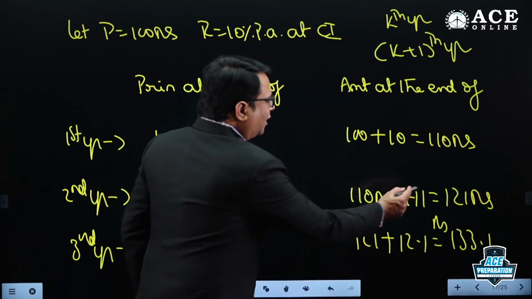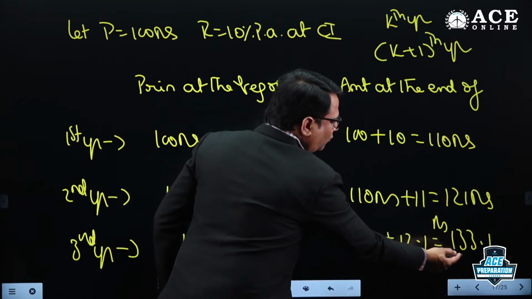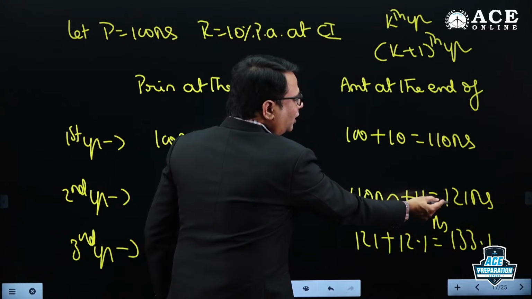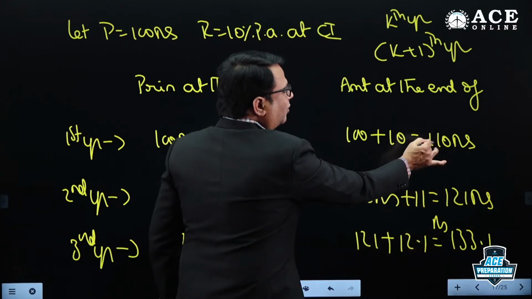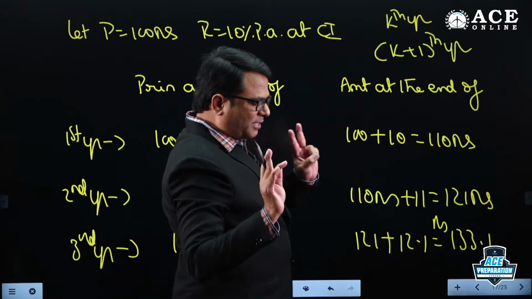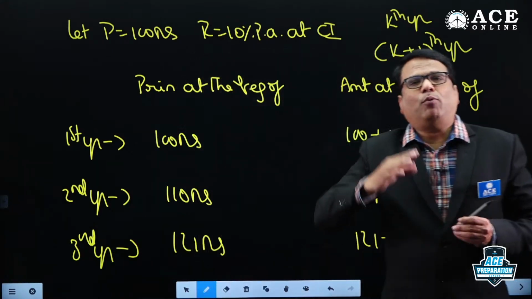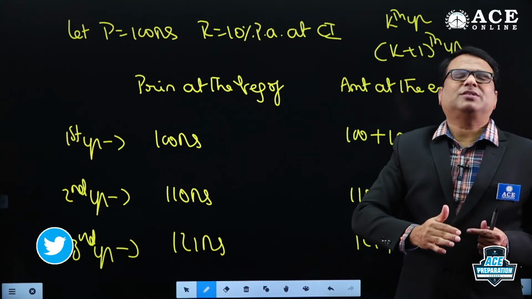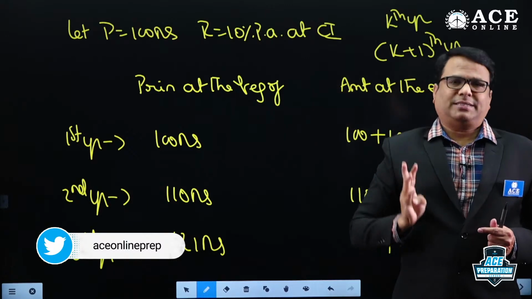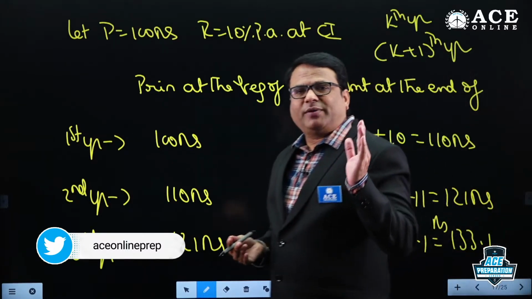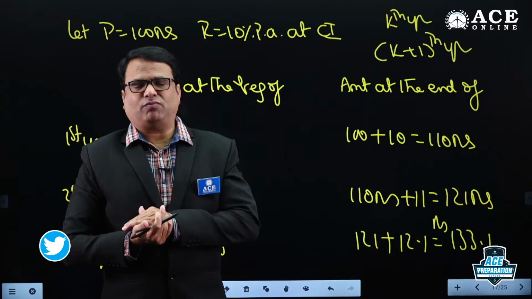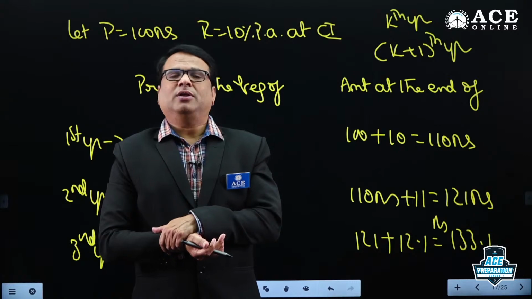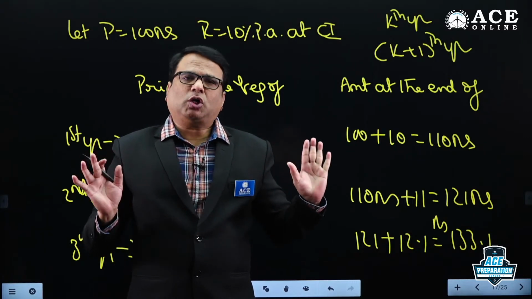Similarly, the difference between 110 and 121, which is 11 rupees, is interest on this 110. So these are the two major points. First, the amount at the end of the kth year will become the principal at the beginning of the k plus 1th year. Second, the difference between the amount for the kth year and the k plus 1th year is interest on the kth year amount. These are the two major points about compound interest.